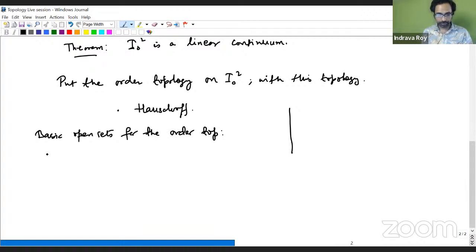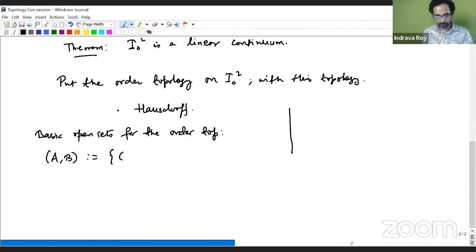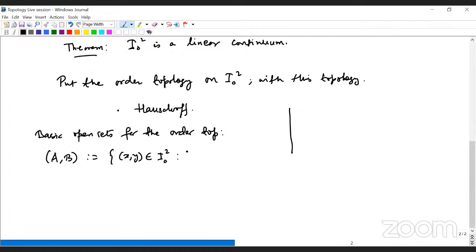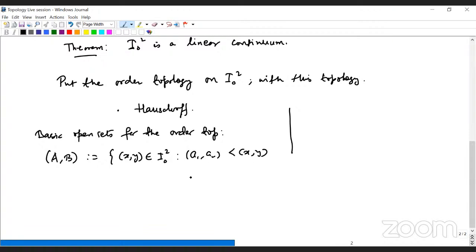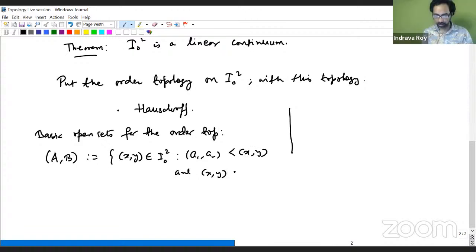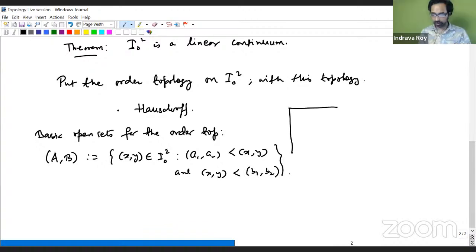They are given by pairs of points A, B. This is the set of all points (x, y) in I squared, that is in [0,1] cross [0,1], such that (A1, A2) is less than (x, y), and (x, y) is less than (B1, B2). So this is the basic open neighborhood. What does it look like? Let's draw a picture.